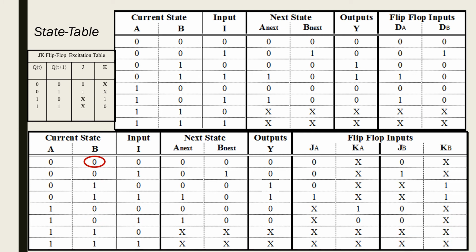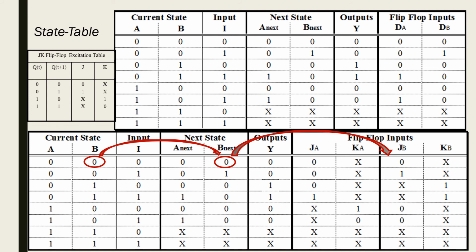Assume that for this table here, for the JK, we have the present state B equal to 0, and then the next state is known, and I'm talking about the present state is known. So if the present state is 0, what you do is find the value of JB and KB. From where? From the excitation table.